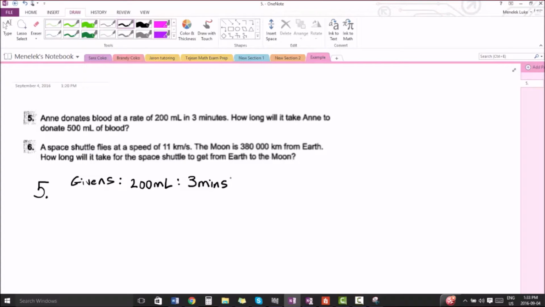What else is given to you in this question? Of how long it would take for her to donate 500 milliliters. Right. So you want to find the time of how long it takes to donate 500 milliliters. Okay? So Carol, this is how I would set up this question, and then we're going to go through question 6 together, okay? So I'm just going to pause here.